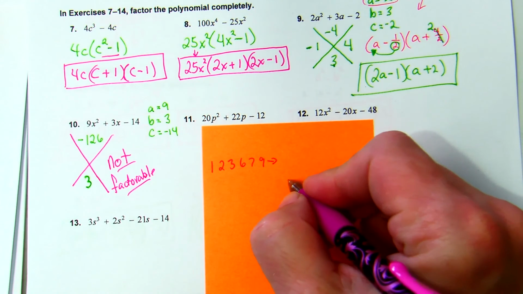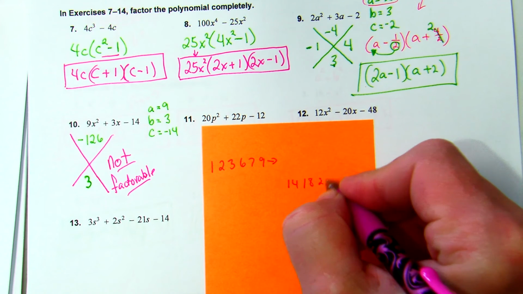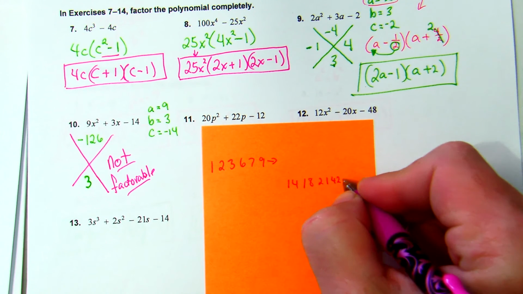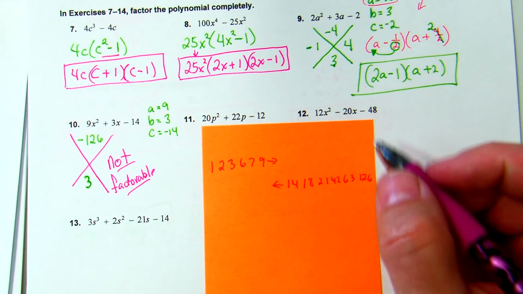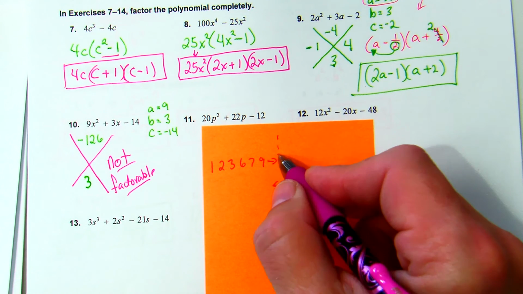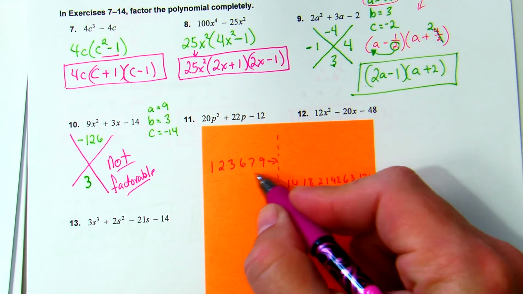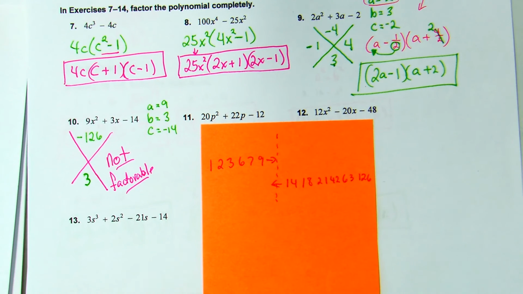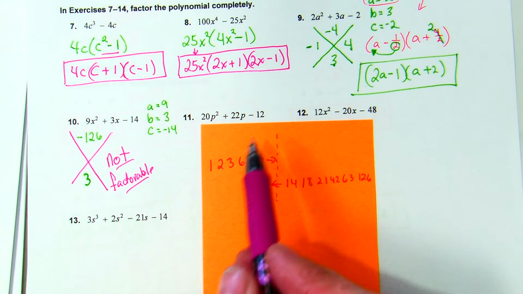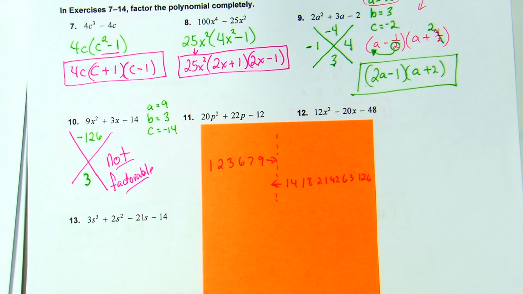When I have 14, 18, 21, 42, 63, and 126, they're going this way, right? And once I find this mirror line, they're just going to flip. They're just going to mirror and repeat each other. And so once we find that middle or that mirror line, we can stop checking for factors because there's not going to be any more. They're just going to be the repeat of the ones we've already found in reverse order.